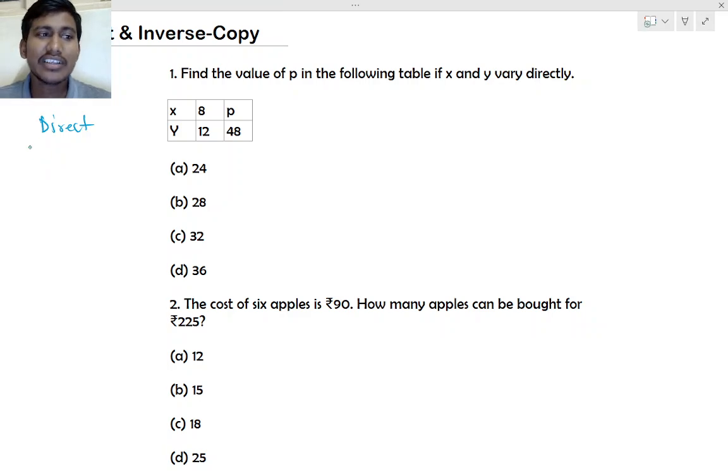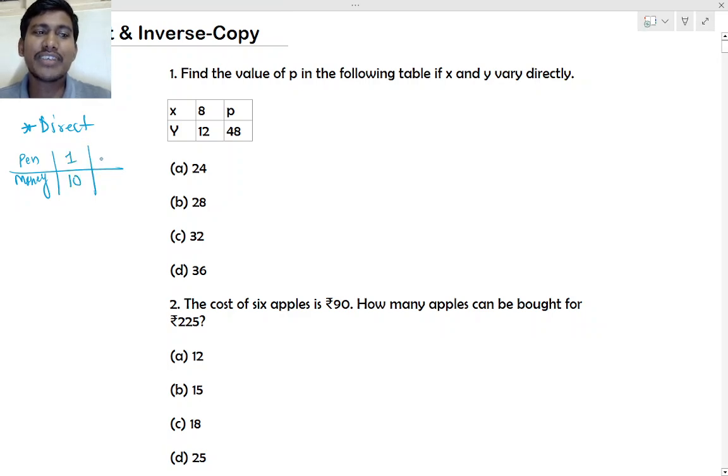What is the meaning of direct in proportion? Here let's take pens and price, that is the total cost, the money you have to pay. If there is one pen, it is 10 rupees.